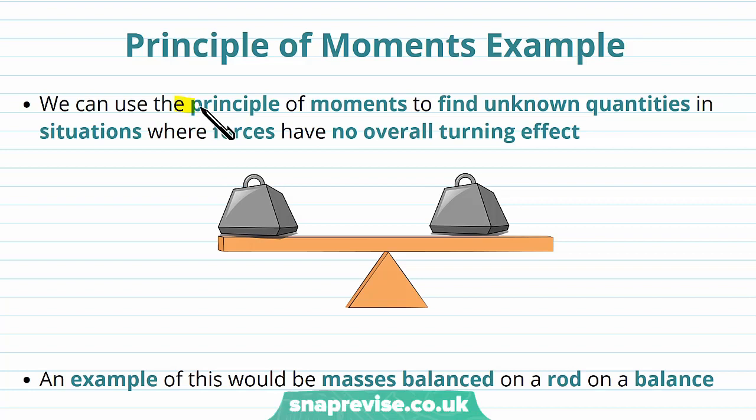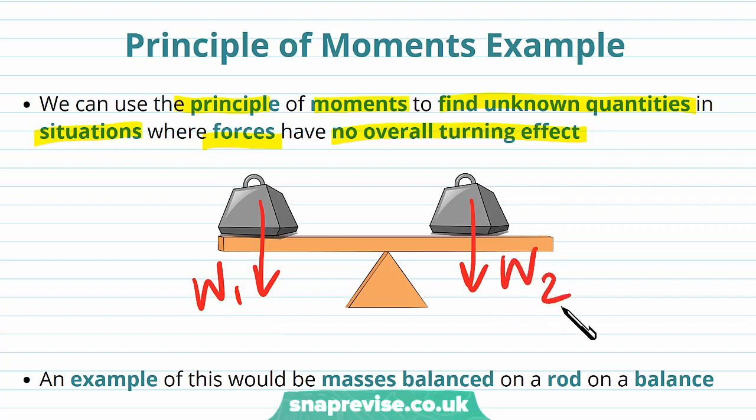We can use the principle of moments to find unknown quantities in situations where forces have no overall turning effect. So we can use it in situations where a system is in equilibrium. For example here, this mass will exert a weight W1 on the rod, and this mass will exert a weight W2 on the rod.